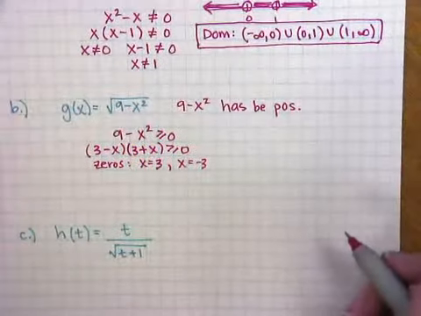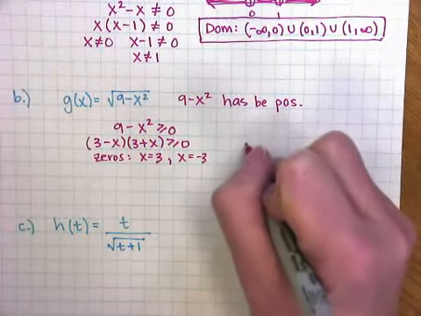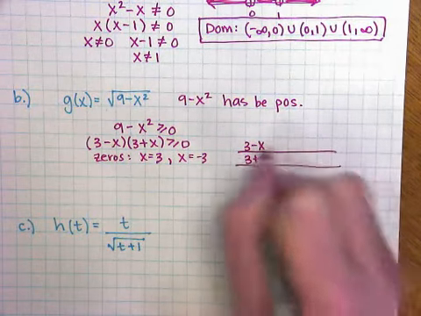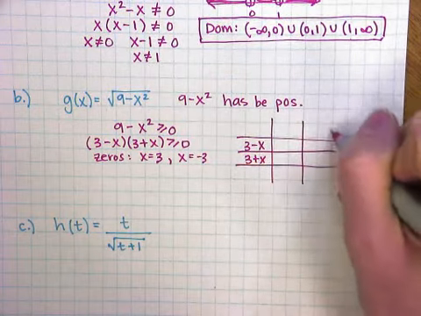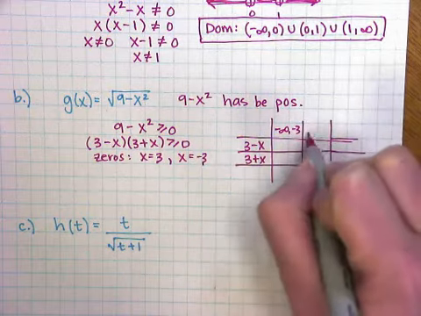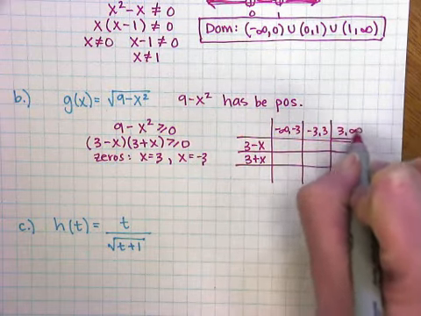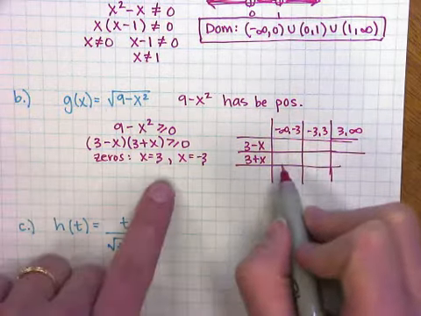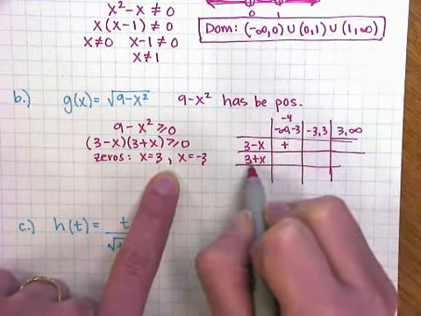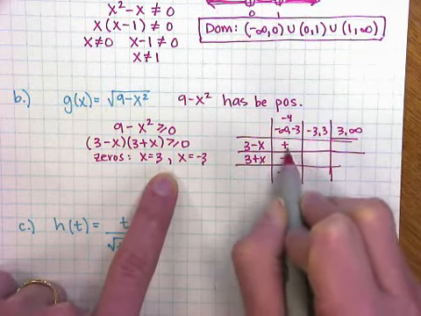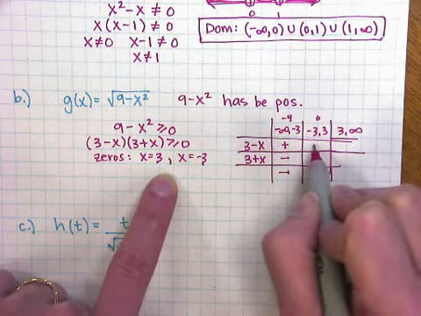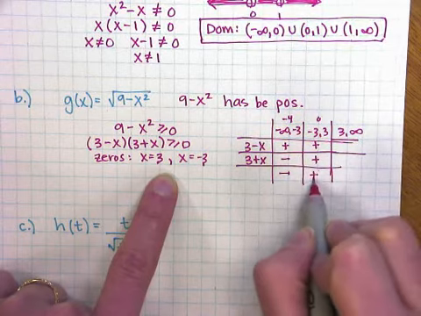So for my table, I'm going to write my factors on the side, just like you guys learned in the last chapter. I'm going to set up intervals along the top. So I've got -infinity to -3, that's my 0, -3 to 3, 3 to infinity. From here, a number in this interval would be -4. 3 minus a -4 is positive, 3 take away 4 is negative, so overall a plus times a minus is a minus. 0 is in this interval, so I'd have 3 minus 0 is 3, that's a positive, positive, positive.